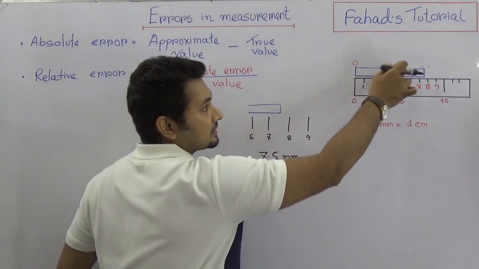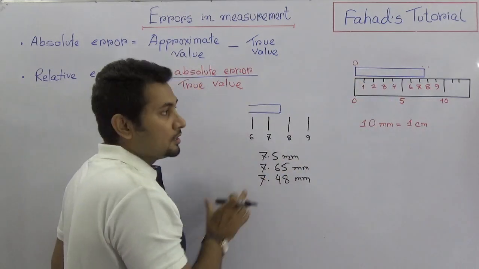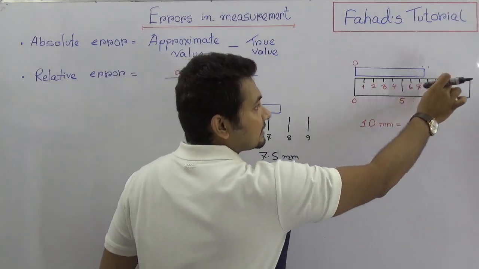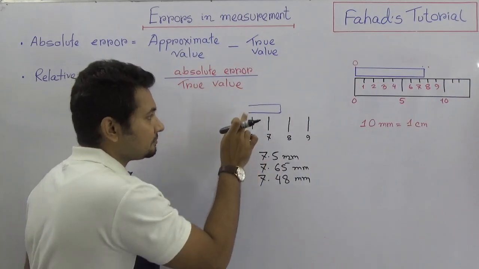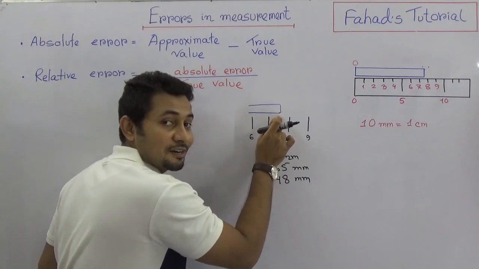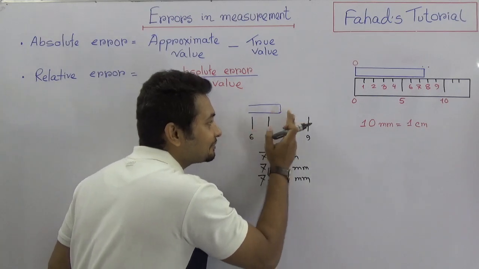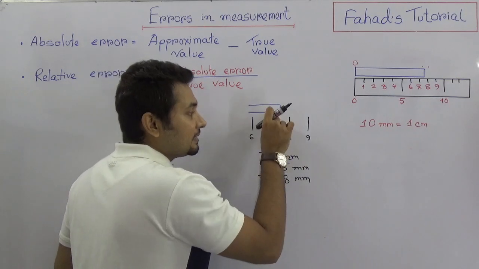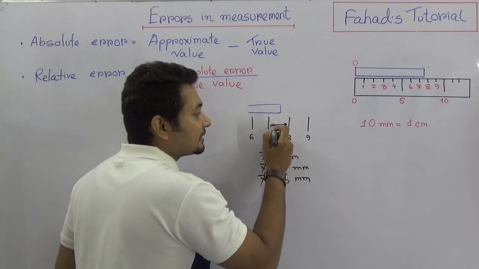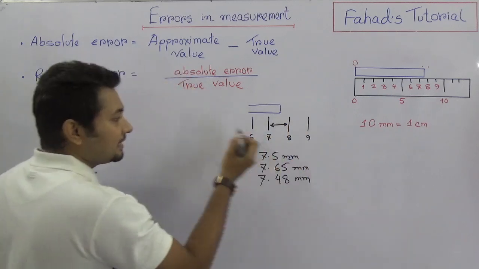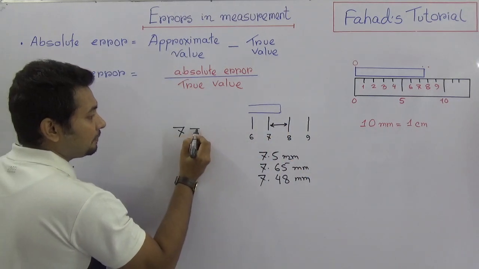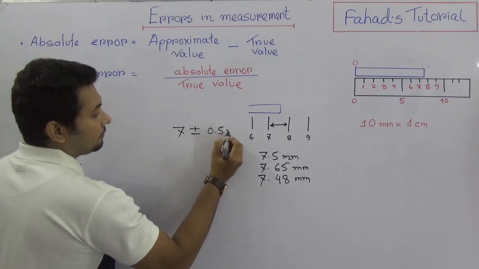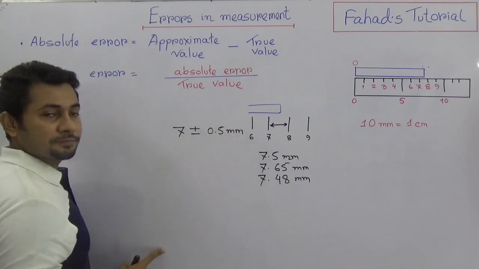Because we are measuring a length, suppose it's in millimeter, because we know this scale is given in millimeter units. But the last part is coming up in between 7 and 8. As we know this is a 1 millimeter distance, we can say that this is 7 plus or minus 0.5 millimeter.